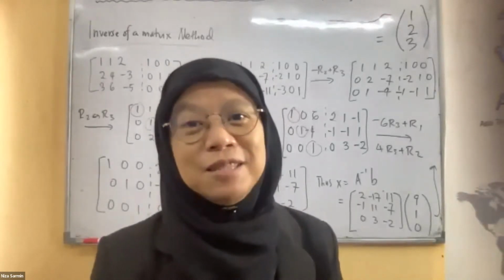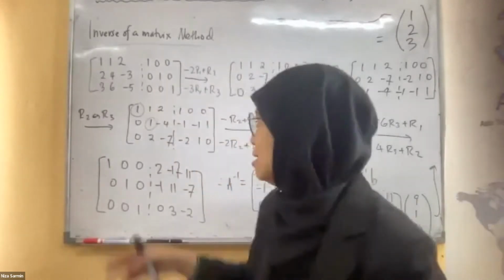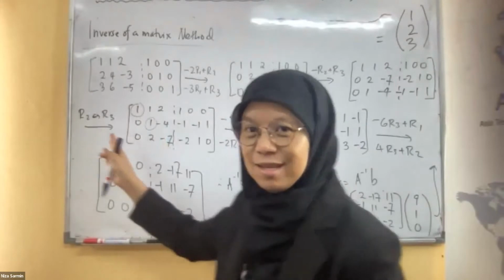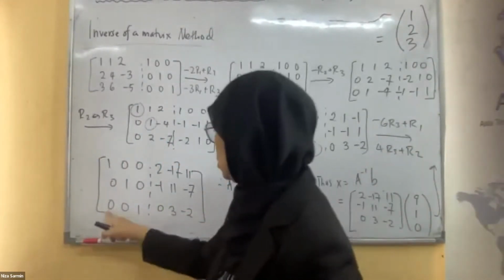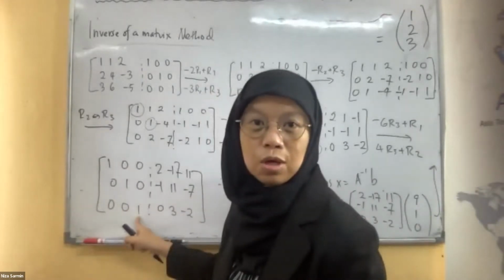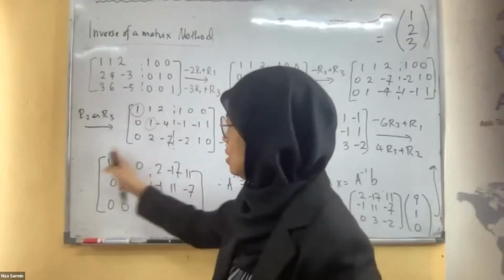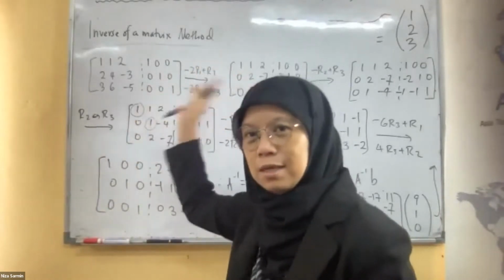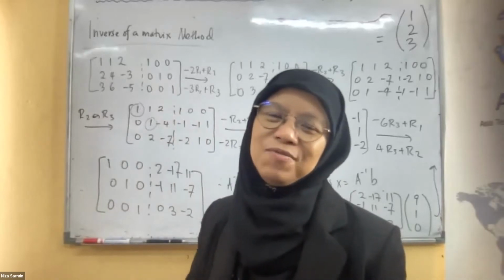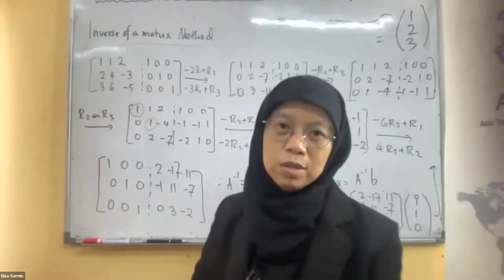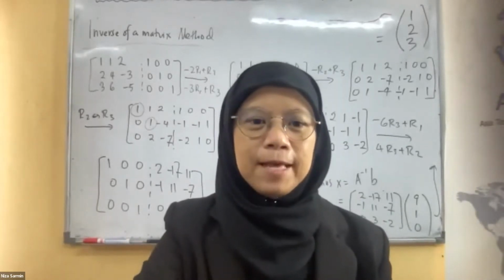If you don't check the determinant and suddenly the inverse does not exist, then at the end you will get 0, 0, 0. So you won't get identity here. All this work, and then you say the inverse doesn't exist. So you can determine whether the inverse exists or not first using the determinant. Yeah?